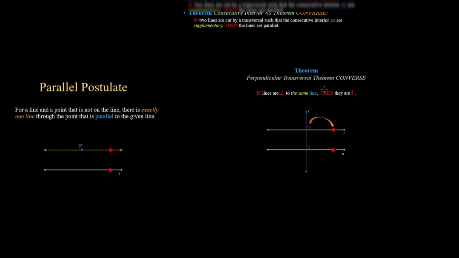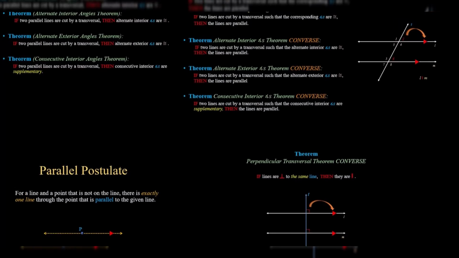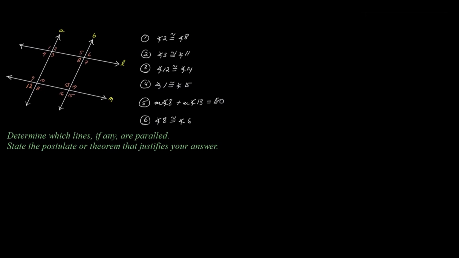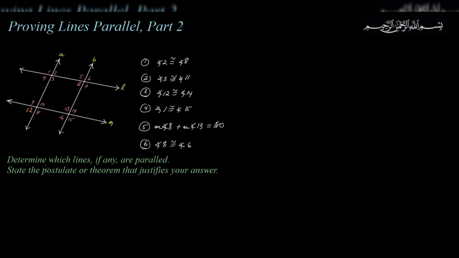So these are all postulates and theorems that help us prove that lines are parallel. Now today we're going to use these to do some example questions. Here is our first question, and the instructions are written over here. Determine which lines, if any, are parallel.